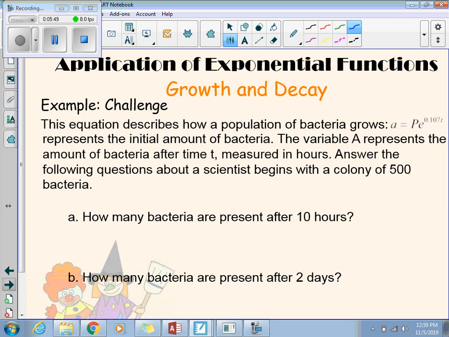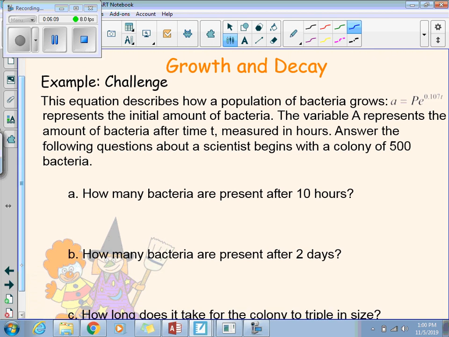All right, so we've got the equation here for the population growth of bacteria. The variable A represents the amount of bacteria after time t measured in hours. So we're going to answer the following questions with a colony of 500. So remember, 500 is going to be that P up there.